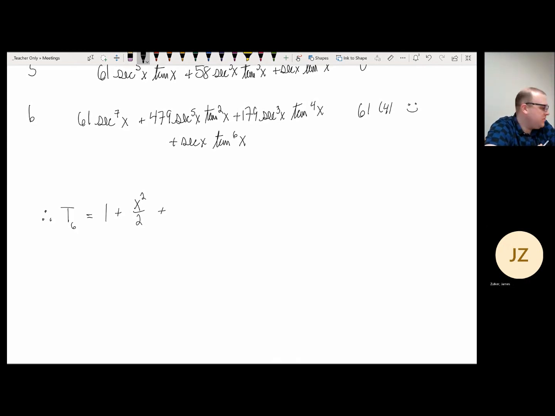Next one was 4. Five x to the fourth divided by 4 factorial. 4 factorial is 24. Then it was the sixth. 61 x to the sixth divided by 6 factorial. Just 720.